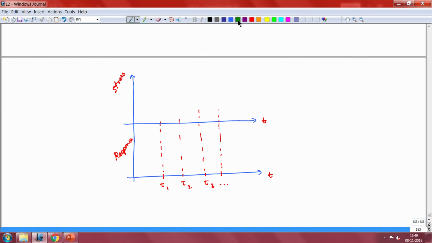So, let us say the stress is being applied such that you are applying some unit stress between this interval, and in the next interval you are increasing it to some other value, and so on.